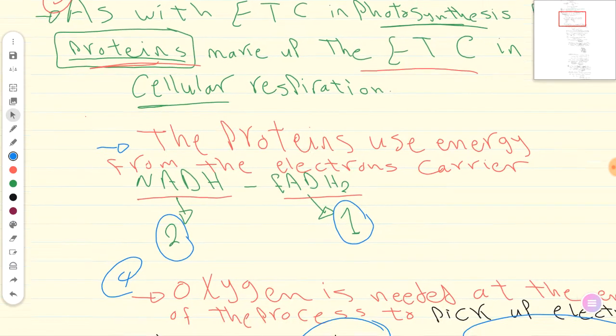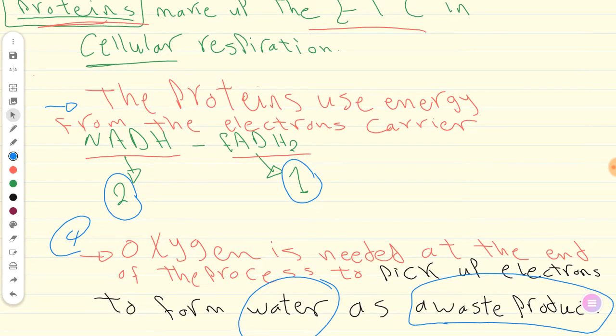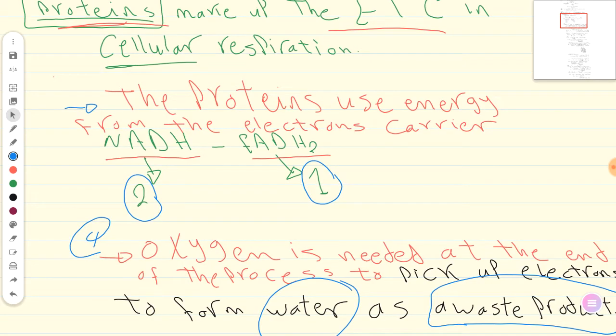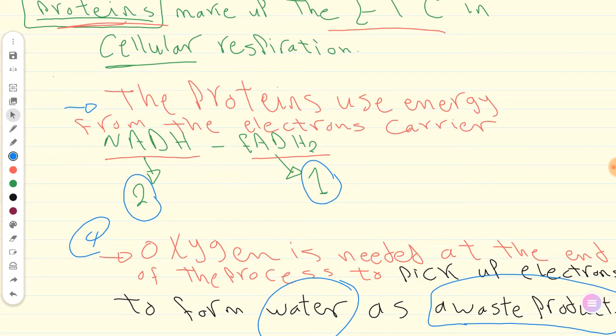So in the cellular respiration, the proteins making this chain use energy from the electron carriers, and we studied three examples: NADH, and again NADH and NADPH and FADH2.